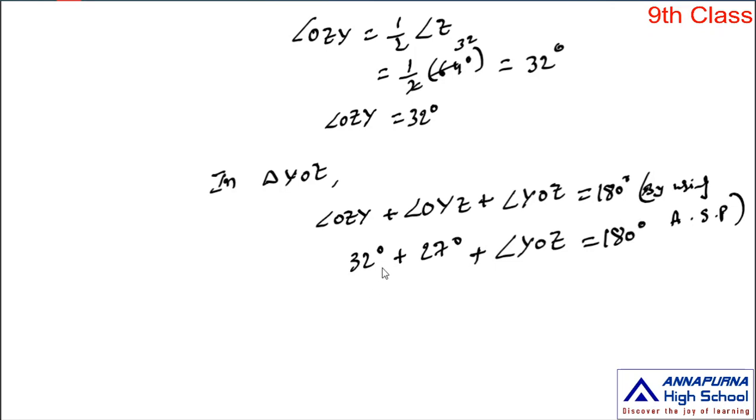Adding the two angles, 32 degrees plus 27 degrees, we get 59 degrees plus angle YOZ is equal to 180 degrees.